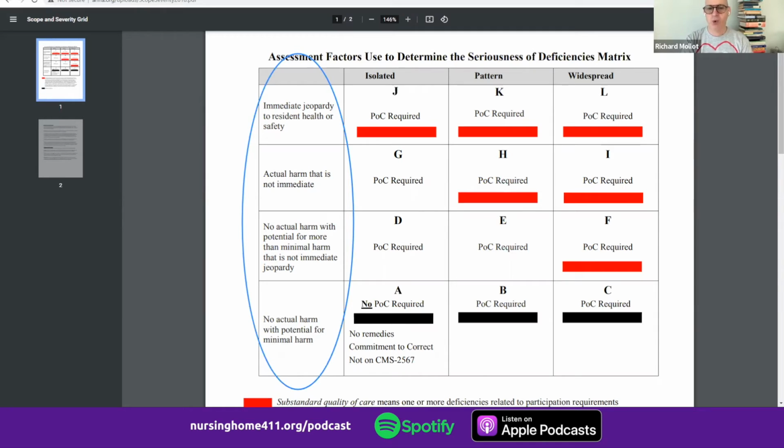This is really important to us and to other people who are concerned about the quality of care in nursing homes, because unless the surveyor or the survey team identifies harm or immediate jeopardy when they do a citation, there's almost no chance that the facility will face any penalty whatsoever for the violation.